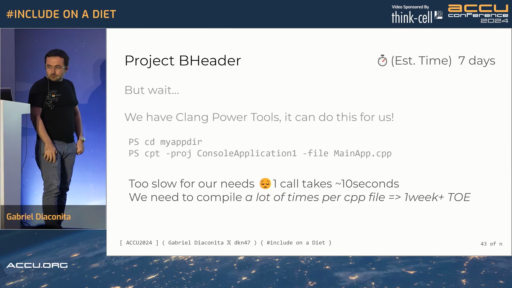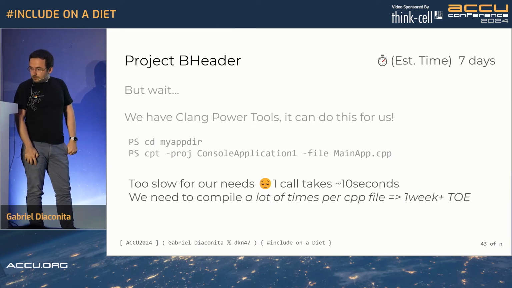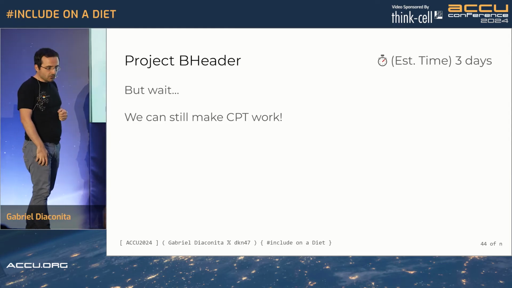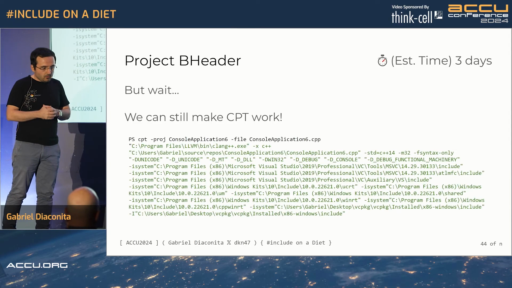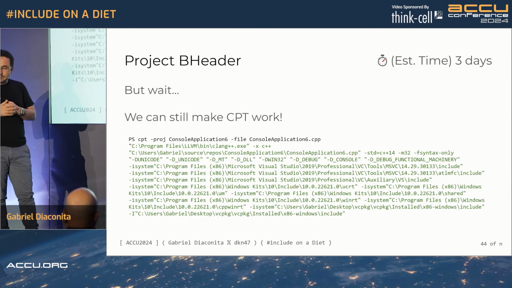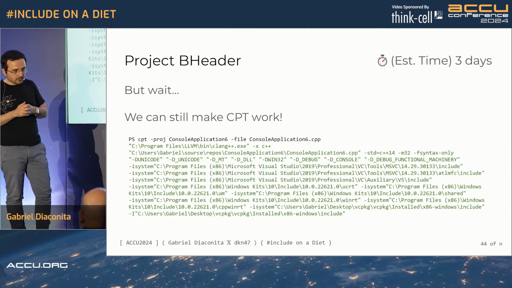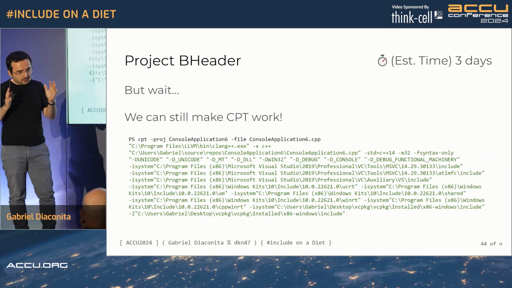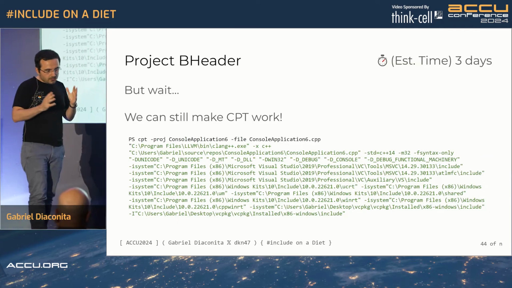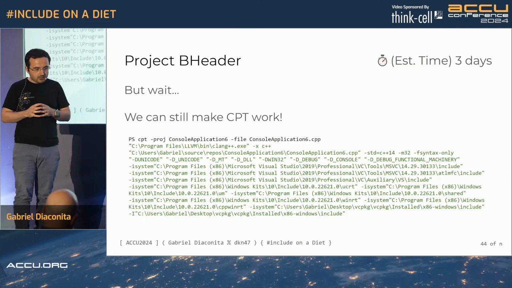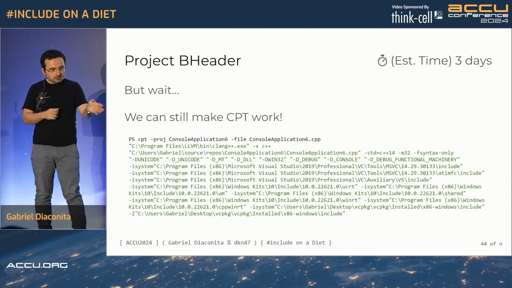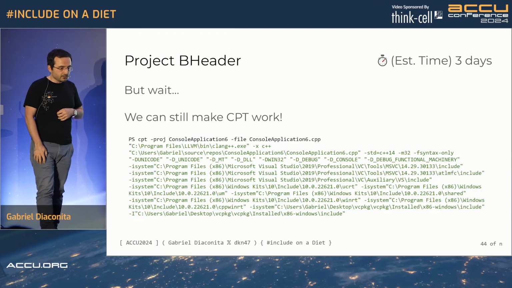Still, we found a way. And the way was looking behind the curtains at what Clang Power Tools does. You can invoke it using the verbose mode and see effectively what it does. It calls Clang++ and gives it the flags that we want, the CPP name and the flags.